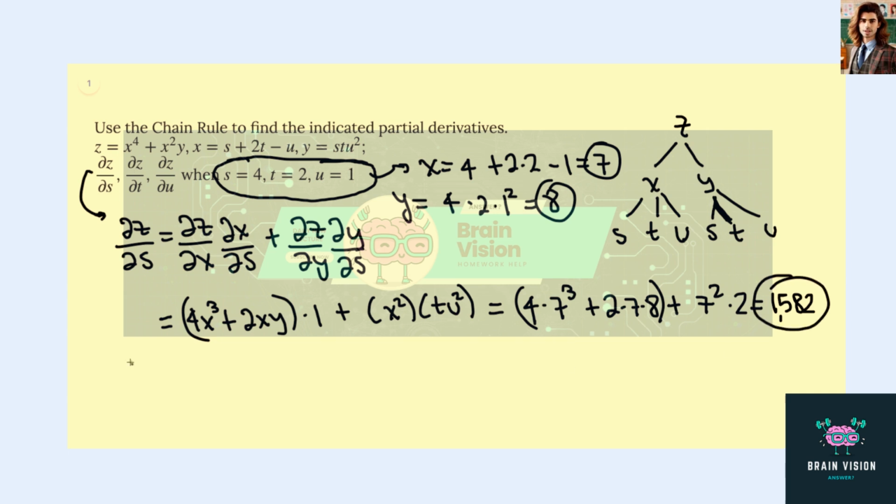Next up, derivative of z with respect to t. Use the chain rule again. Going from z to t, you can go this way, or you can go this way.